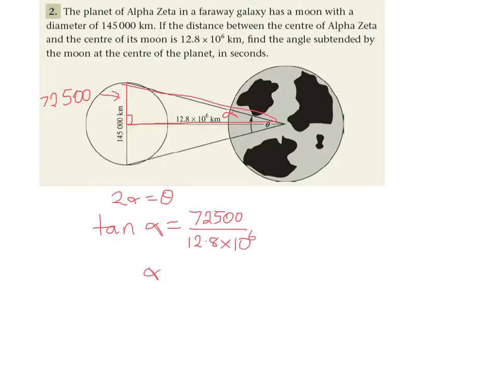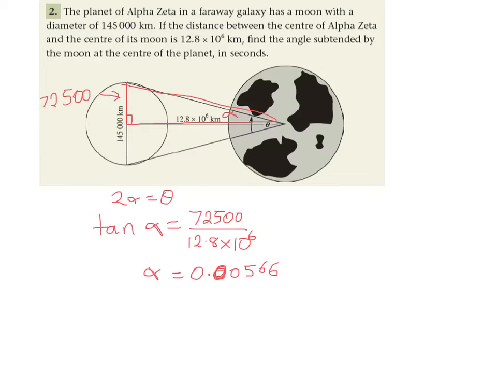So putting that in your calculator, you will get alpha is 0.00566. Sorry, that first 0 looks like a 6. That's a 0. Now that is alpha in radians.